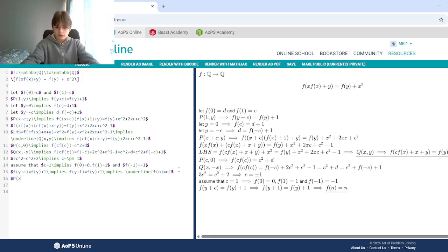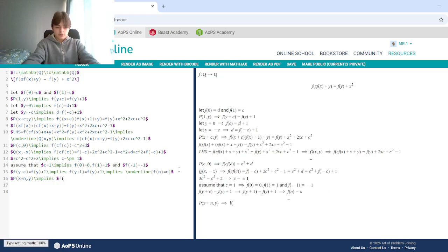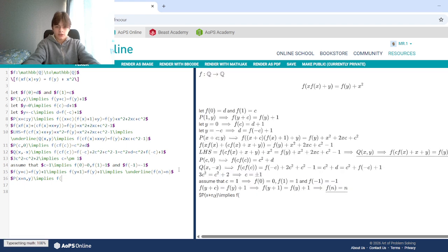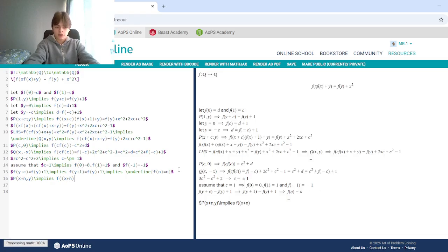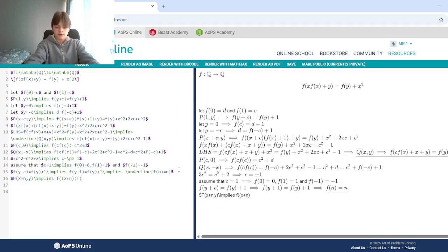Now let's put this into the original equation, and we get f(x + n) times f(x + n + y) is equal to f(y + x^2 + 2xn + n^2).